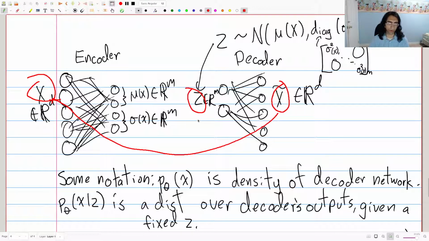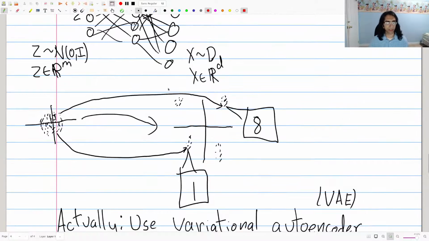So if we're going to be sampling from this to generate new pictures or new output points, then we want to constrain it so that the things in the original dimensionality are being mapped to the Gaussian. This might be a little bit abstract, but let's go back to this picture. So let me copy and paste this.